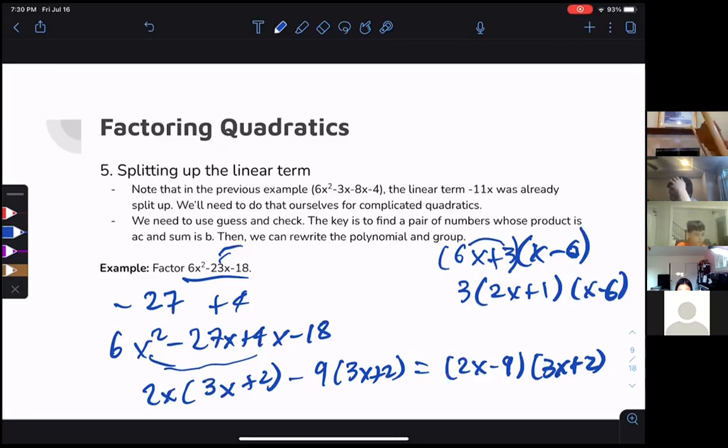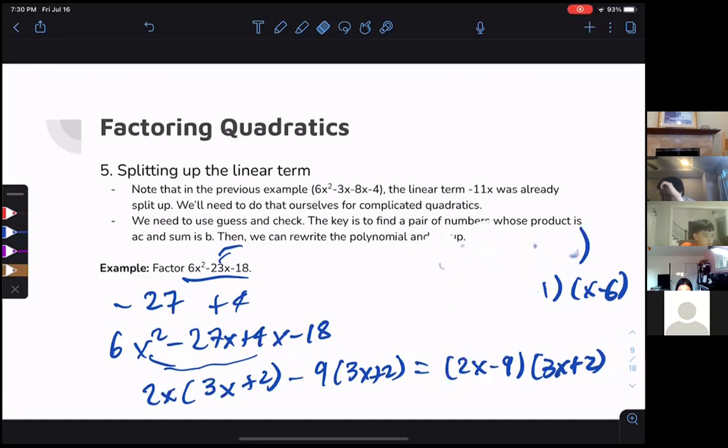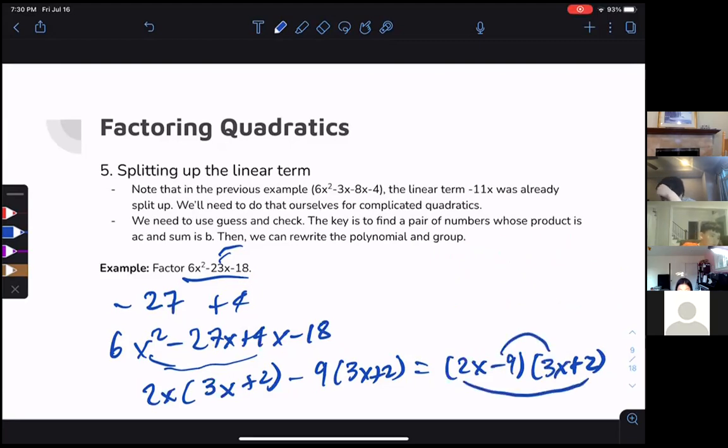All right, so yeah, that's just how to factor this. It's 2x minus 9 times 3x plus 2 again. And that's just how to think about it. The key is that the product you get from the constants times the linear terms summed up is equal to the final linear term, and then of course the constants multiply to the final constant.